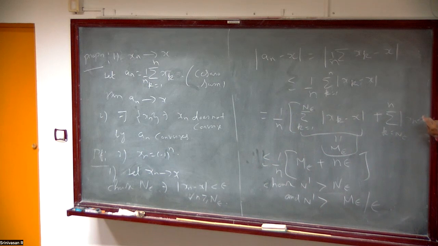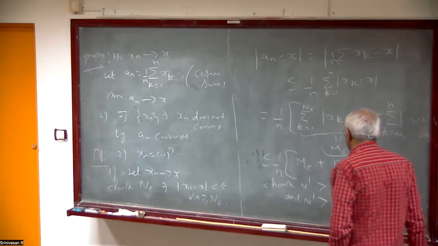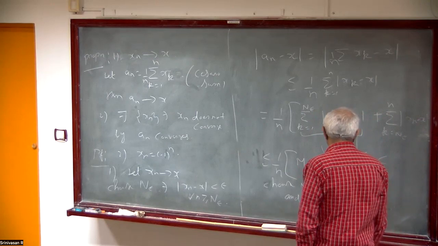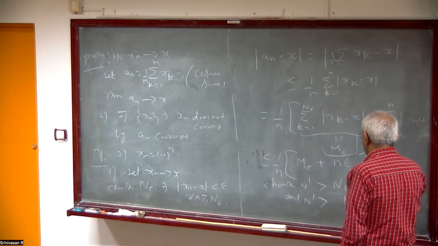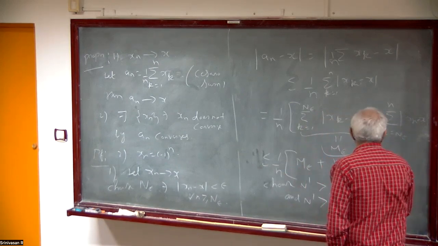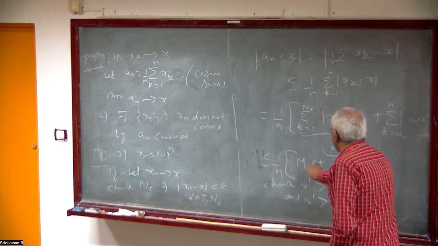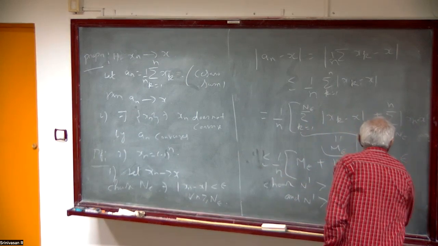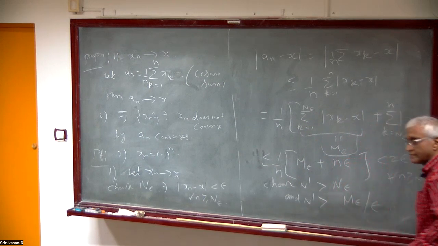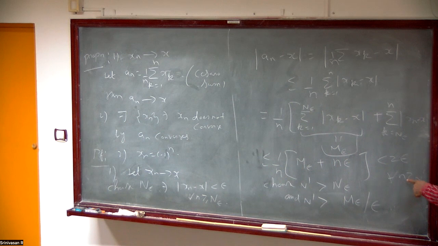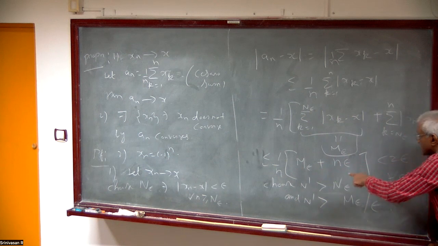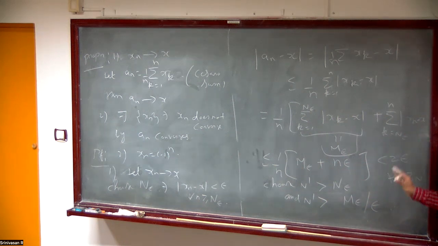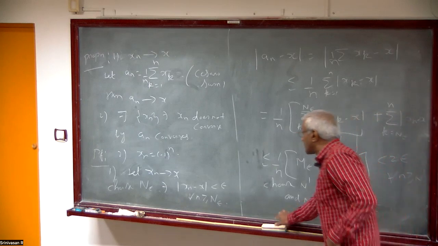Then this is less than N prime times epsilon, and M epsilon by n is less than epsilon, plus epsilon, so 2 epsilon, for all n greater than N prime. When N prime is greater than this, then M epsilon is less than n times epsilon, so this is okay. So we have proved this.